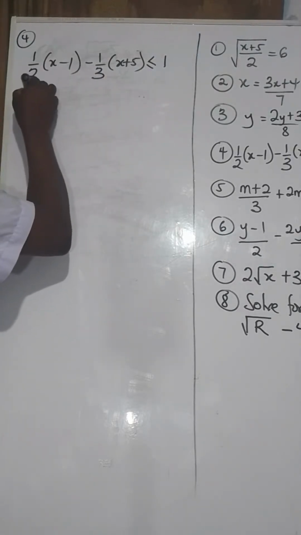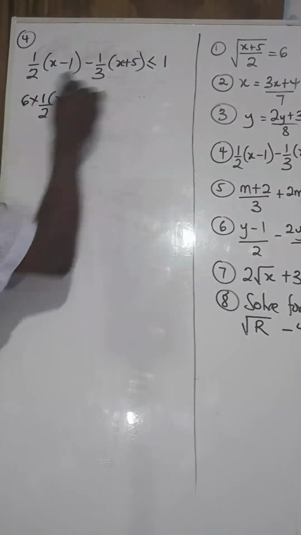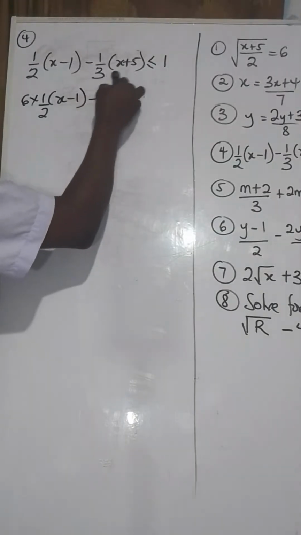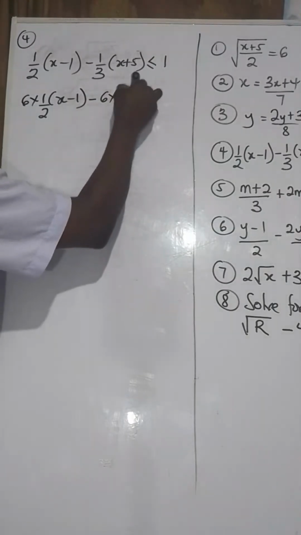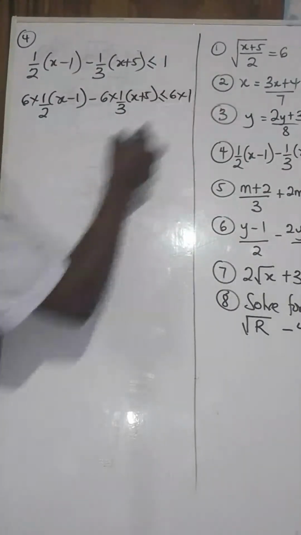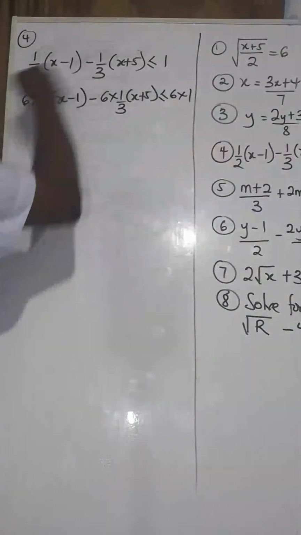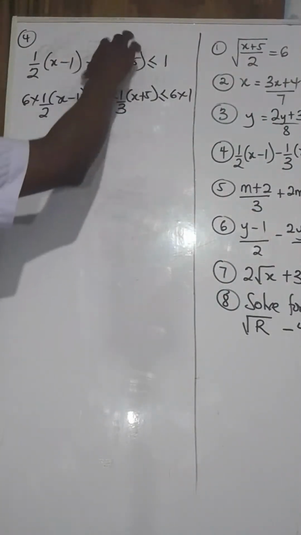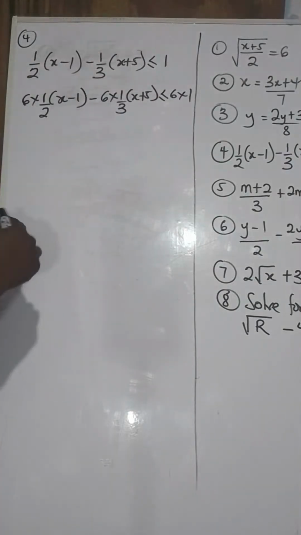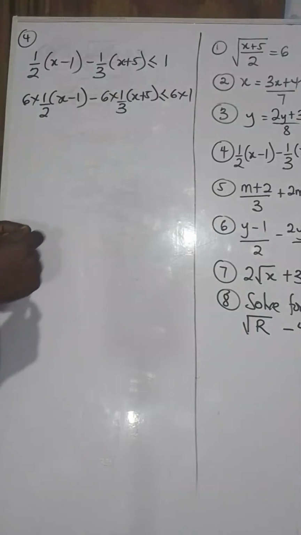So we have 6 times 1/2 (x - 1), minus the same 6 multiplied by 1/3 (x + 5), less than or equal to 6 times 1. So this is one expression times 6, this is also one expression times 6, then less than or equal to 1, and the 1 is also multiplied by 6.